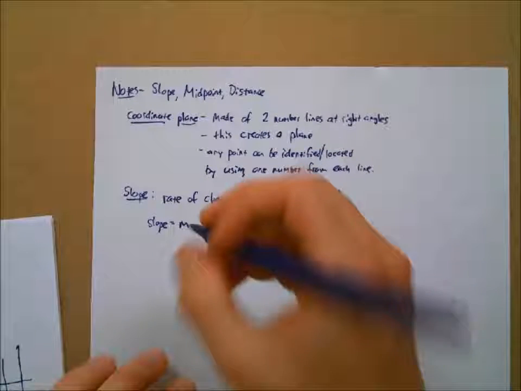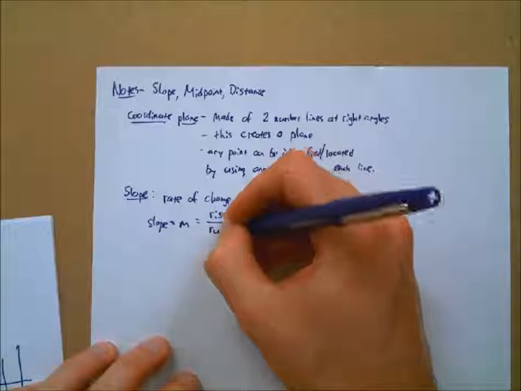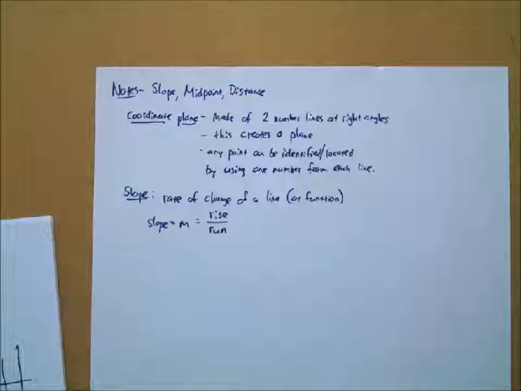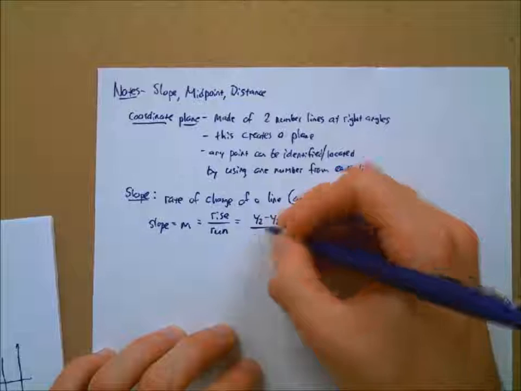Which is then rise over run. That's one of the basic concepts that we have about slope, right? How much your line goes up or down by, over how much your line goes left or right by. And so that formula, m = (y2 − y1) / (x2 − x1).